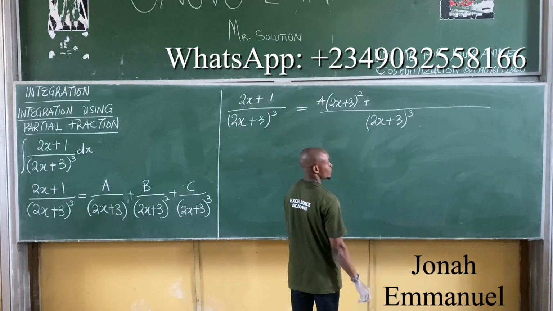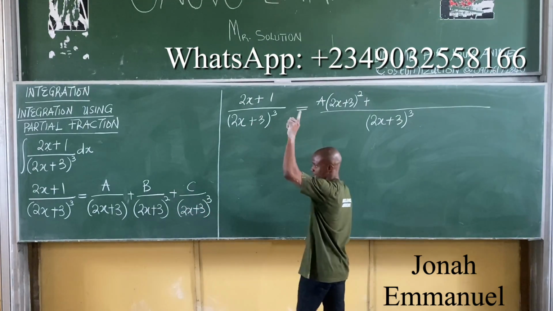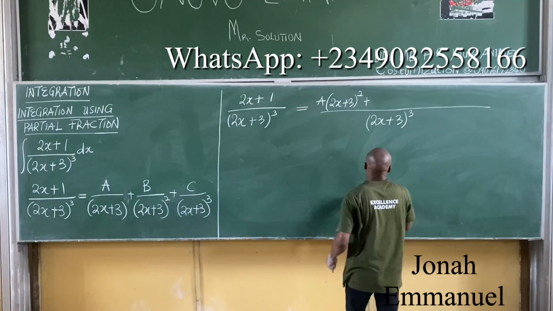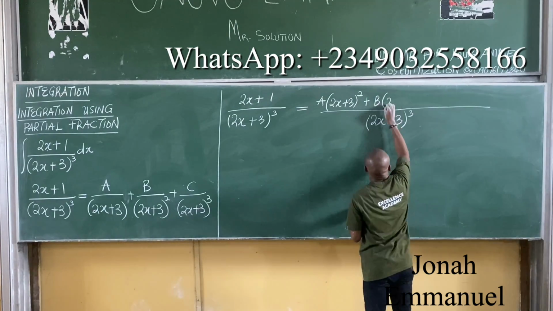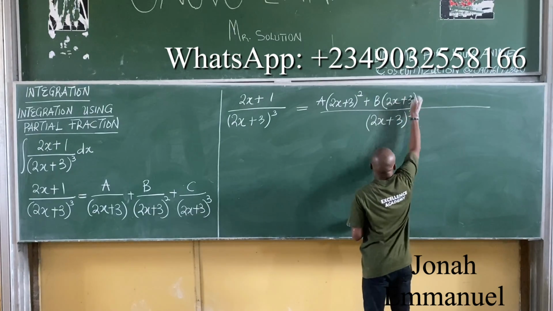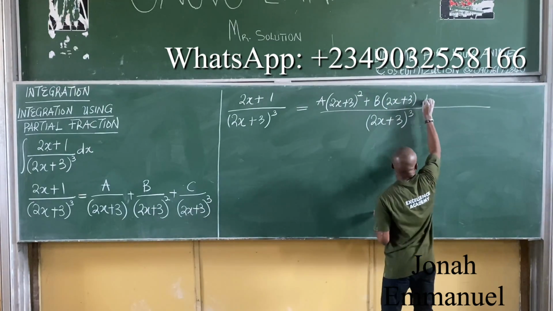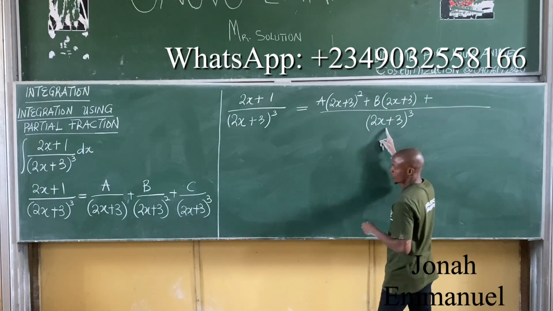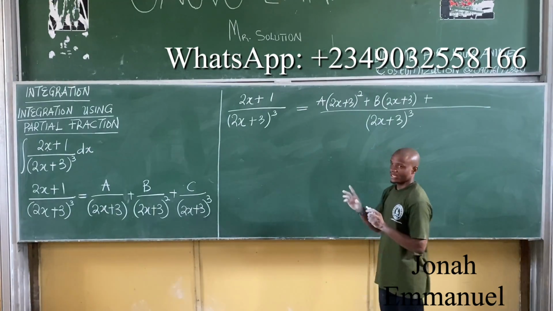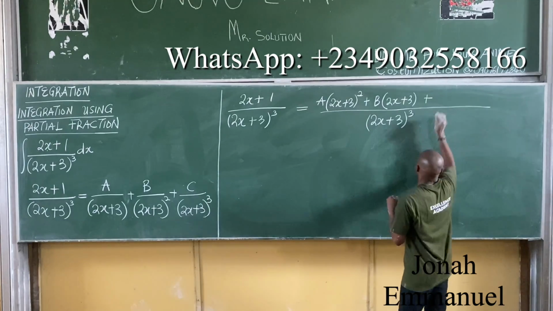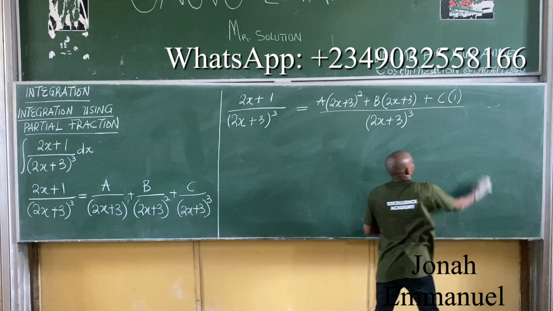If I divide them, we subtract the powers. 3 minus 2 is 1. So only one of these is left. It becomes B multiply 2x plus 3 to power 1. Plus, finally, divide this one here by this. That is the same thing, you cancel out, leaving 1. Becomes C times 1. So I have this.